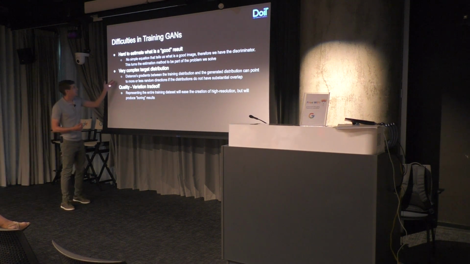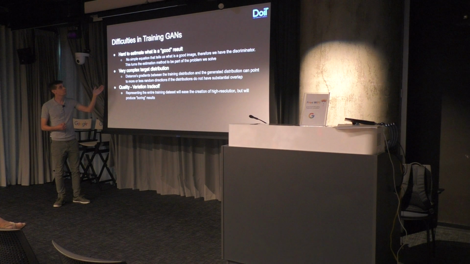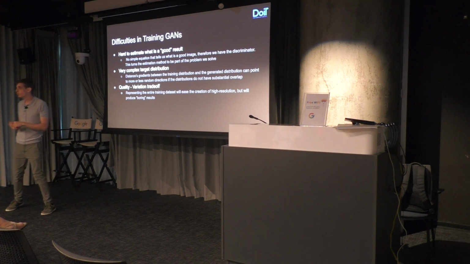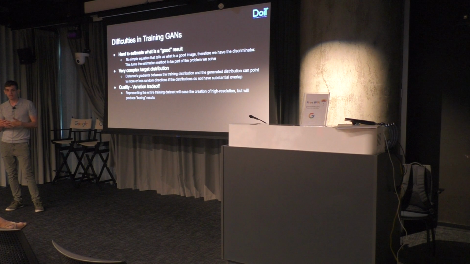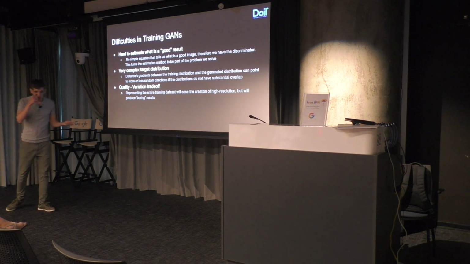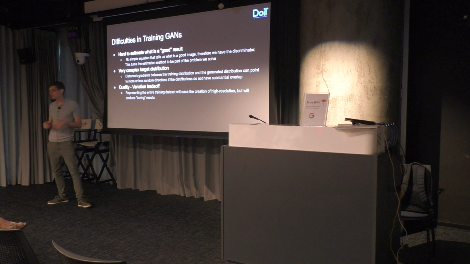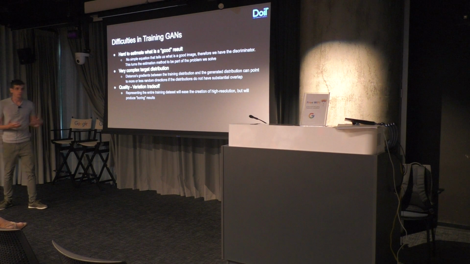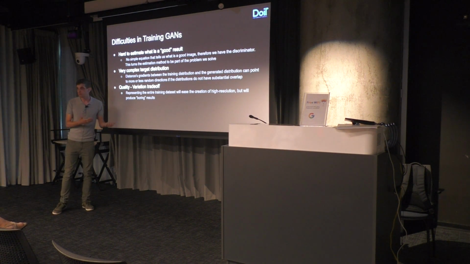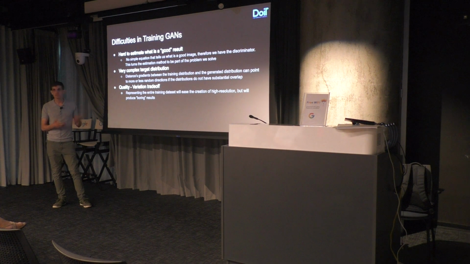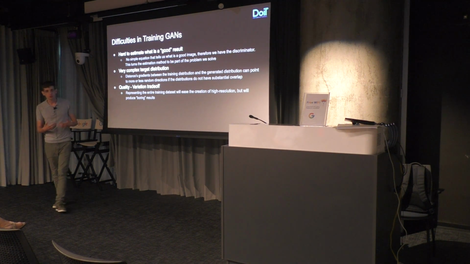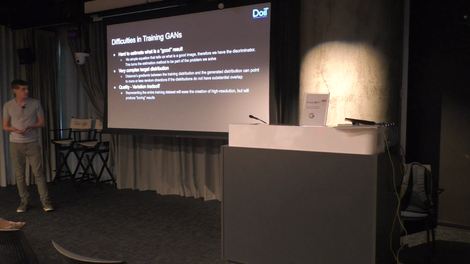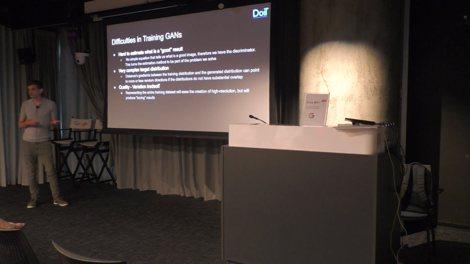Another problem that you might have is a very complex target distribution. As opposed to estimating a probability distribution when you're training a classifier, the generator is trying to imitate a very complex probability distribution, talking about images of people or images of cats or images of digits. It's a much higher dimensional, complex probability distribution that we're trying to imitate, with respect to, I don't know, the cross entropy of a probability distribution in a classifier.